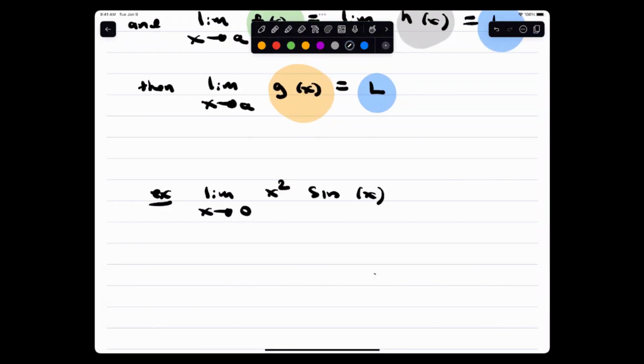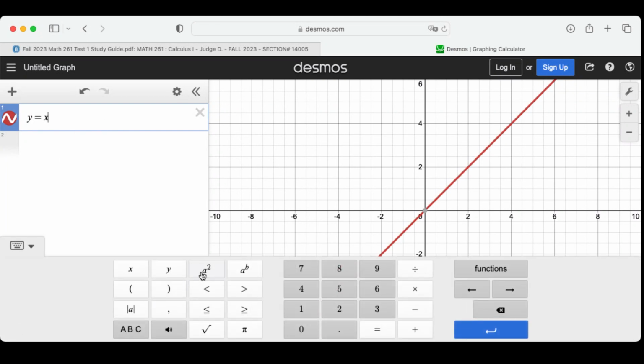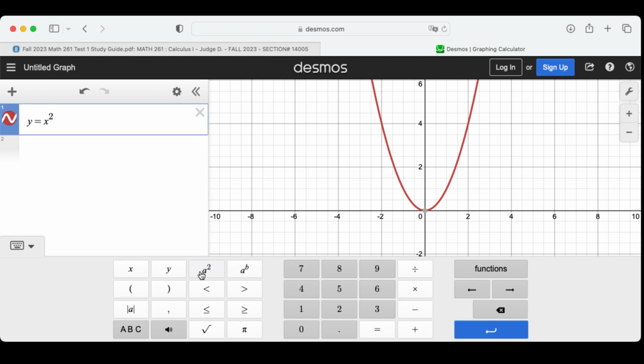Do we have Desmos up? Let's get Desmos and share with you guys. I like Desmos. Y equals x squared, and I don't like my graphs in red, I like to use that for something else.